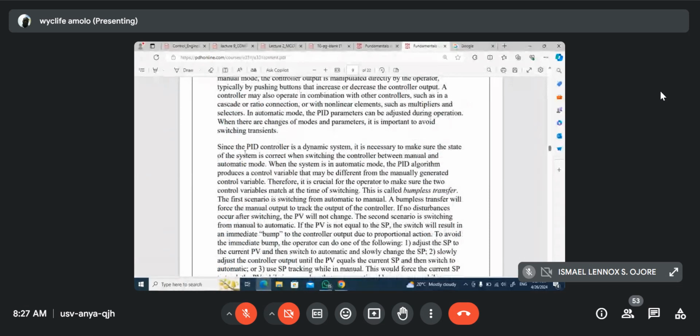Since a PID controller is a dynamic system, it is necessary to make sure the state of the system is correct when switching the controller between manual and automatic mode. Dynamic means that it should be something working in the process.